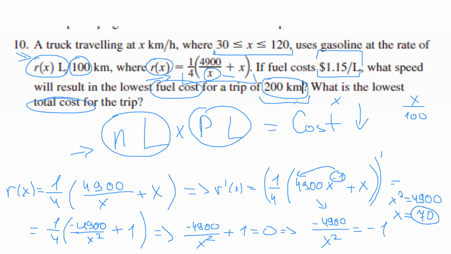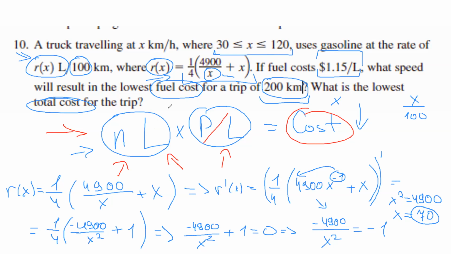If I spend 70 liters, to find the cost of the trip I need to multiply 70. Remember, total cost equals amount of liters times price per liter. Make sense?